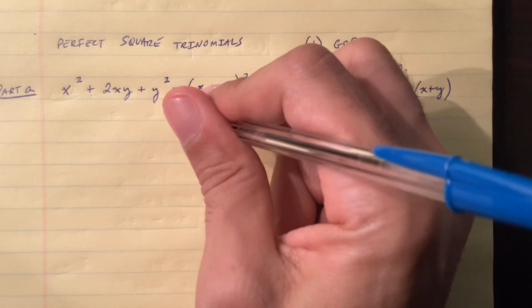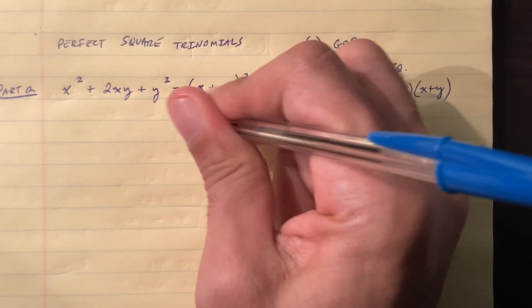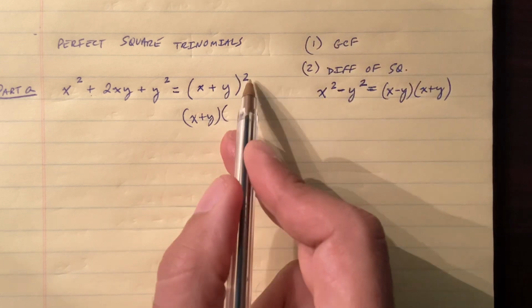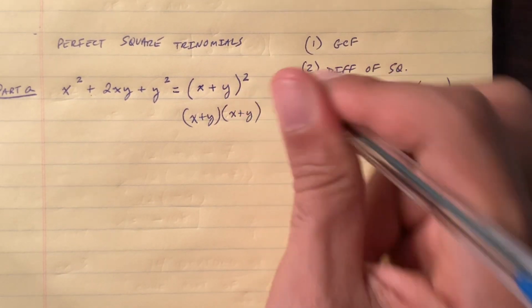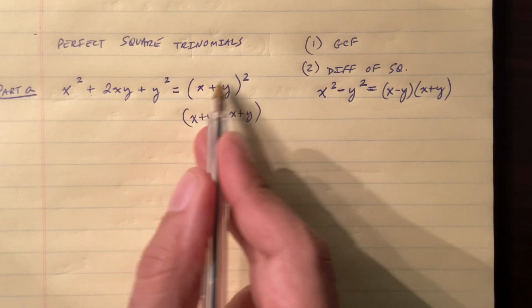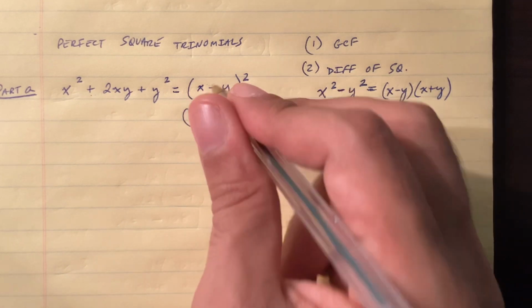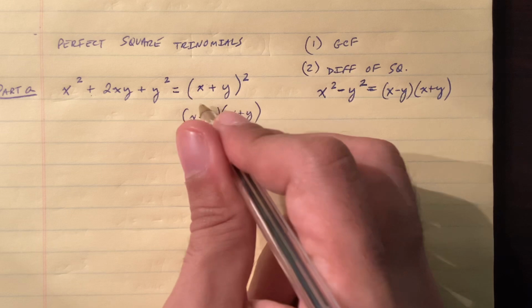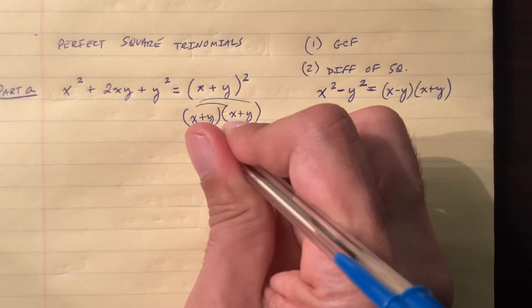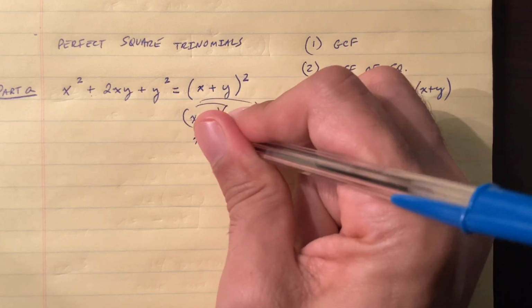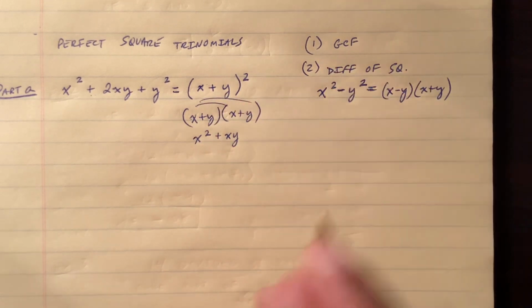Let's verify this. Let's just distribute. Remember, if this is raised to the second power, we can copy and paste what's inside of this many times. Let's distribute. So first term times everything in the second parentheses. X times x is x squared. X times y is plus xy.